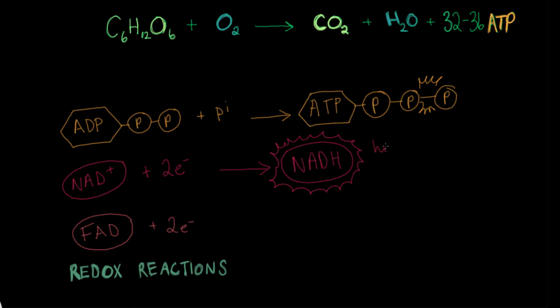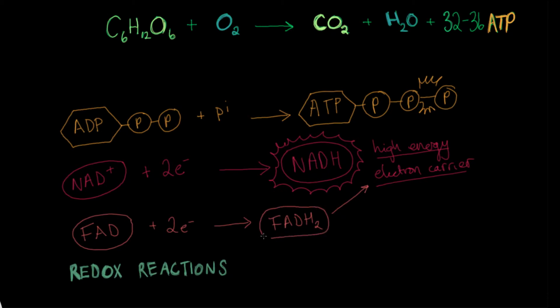So this is called a high energy electron carrier. And we'll be talking about that in all of the steps of cellular respiration. Now FAD is very similar to NADH in the sense that we can add some electrons to it to make FADH2, and that's also a high energy electron carrier. We're going to produce that in the Krebs cycle, just a few of them. The main molecule we're talking about when we talk about high energy electron carriers is NADH.